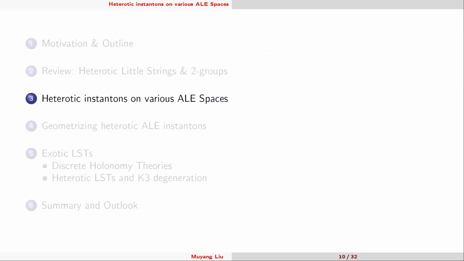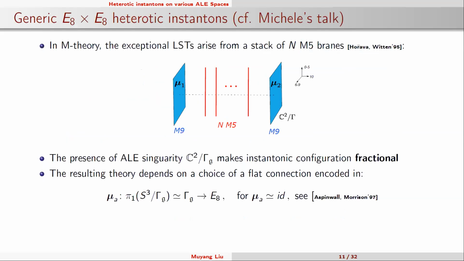And then in this section, I will talk about how we introduce the heterotic instantons on various ALE spaces. So in the M-theory picture, we can realize the exceptional string series as arising from a stack of M5 branes parallel to the two M9 branes, where the presence of the ALE singularities makes the instantonic configuration fractional, and the resulting instantons will depend on choices of the flat connections encoded in the following mapping.